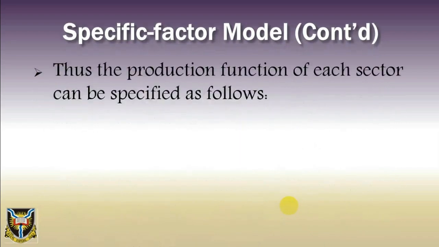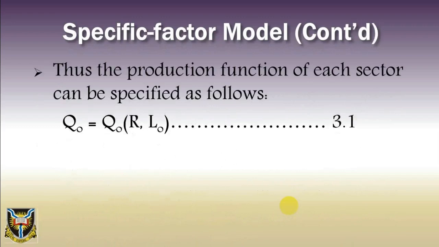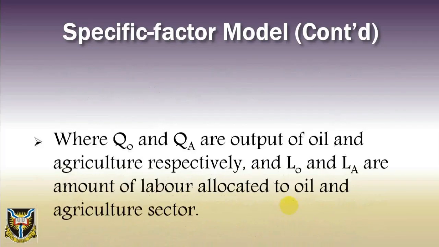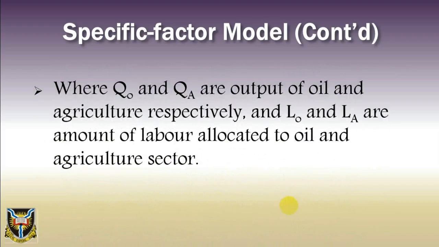Thus, the production function of each sector can be specified as follows: QO equals QO of R and LO, and QA equals QA of T and LA, where QO and QA are output of oil and agriculture respectively, and LO and LA are the amount of labor allocated to the oil and agriculture sectors.